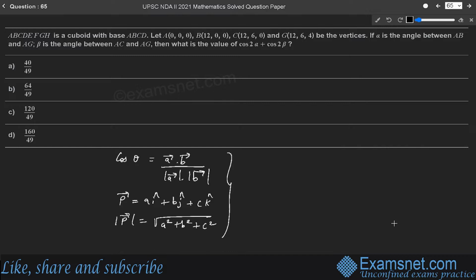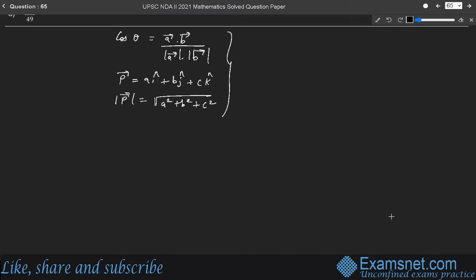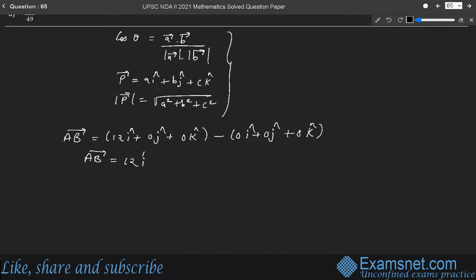Now, the position vector of AB will be equal to 12i cap plus 0j cap plus 0k cap minus (0i cap plus 0j cap plus 0k cap). So the position vector for AB is 12i, and its magnitude is the square root of 12 square plus 0 square plus 0 square, which is 12. So the magnitude of AB is 12.